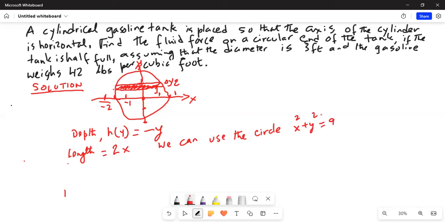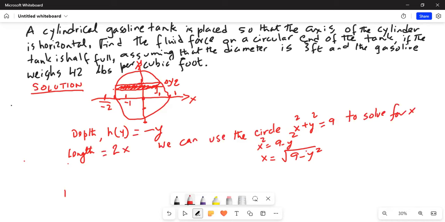Okay, 3 square is 9. To solve for x, of course, we have to take the half value. Solve for x. Then x square is equal to 9 minus y square. x is equal to square root of 9 minus y square. And we want half of that.